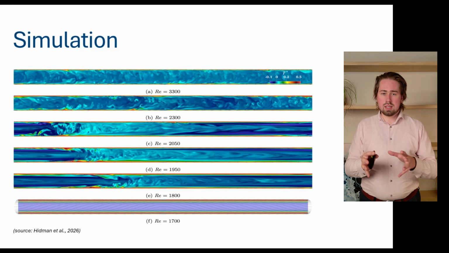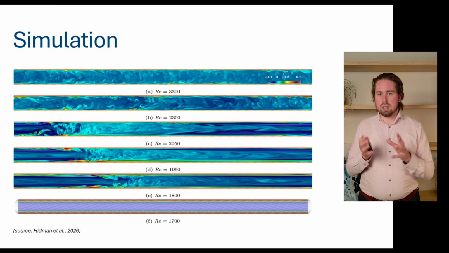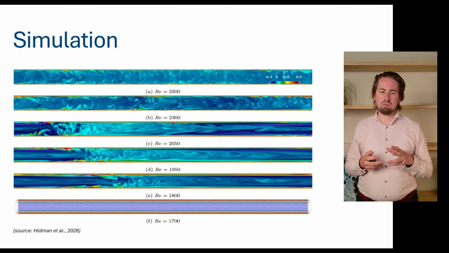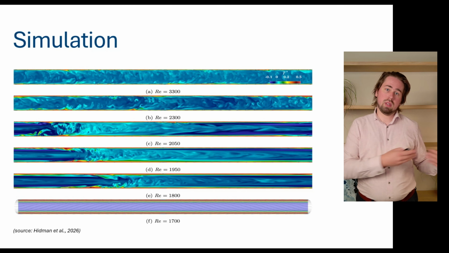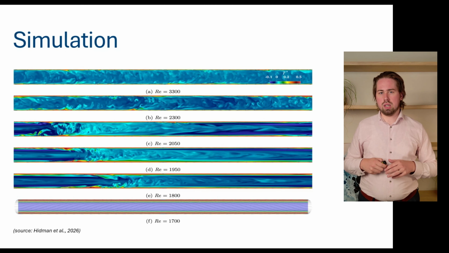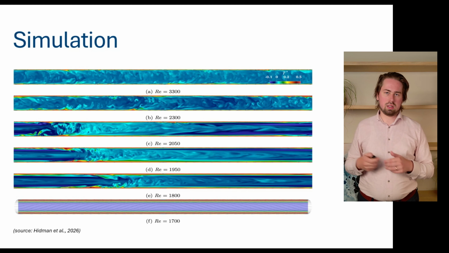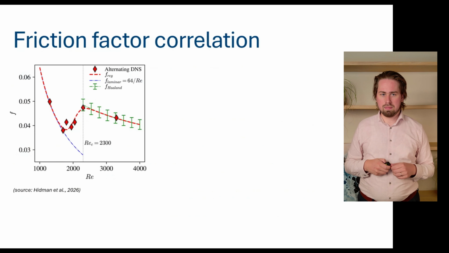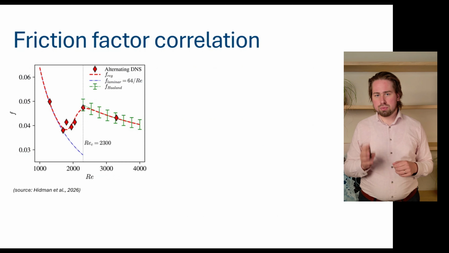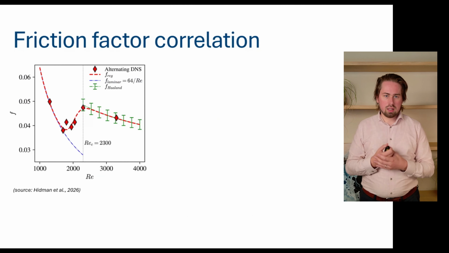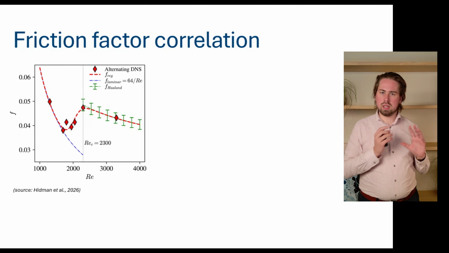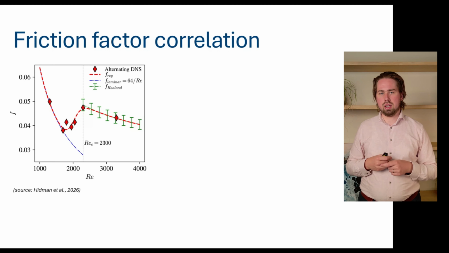Based on these simulations, we can actually say something about the friction factor and the pressure drop, and also the Nusselt number, which tells us something about the heat transfer. For the friction factor, we have this graph. The exact mathematical formulations are in the textbook if you're interested, as well as the reference to the original paper.